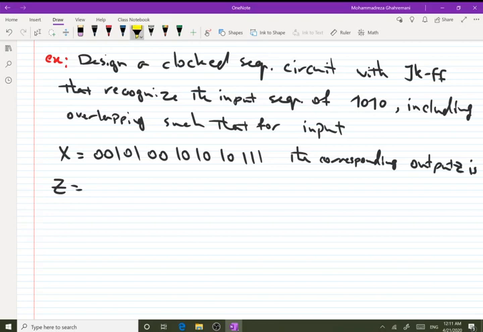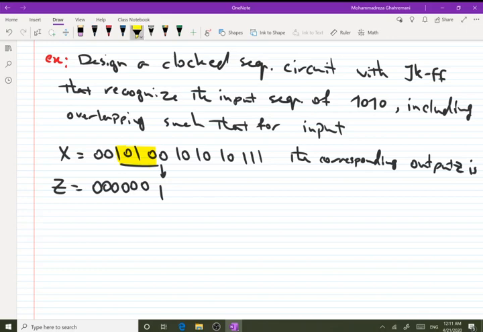The first 1010 is here. So as soon as the circuit recognizes this sequence, the output will be 1. So the output is 0000000, and at this moment, at which the sequence has been recognized, the output will be 1.